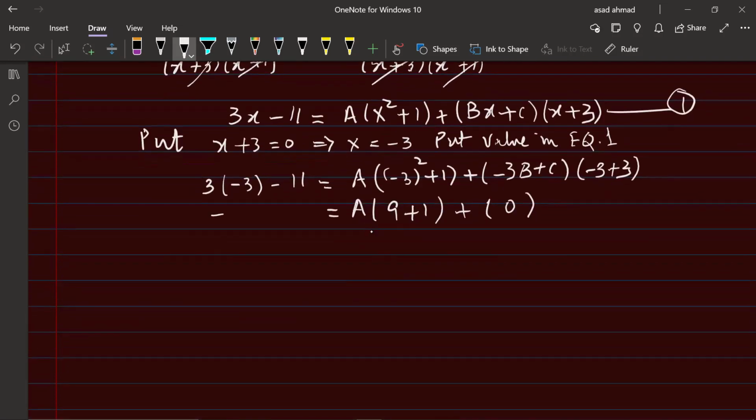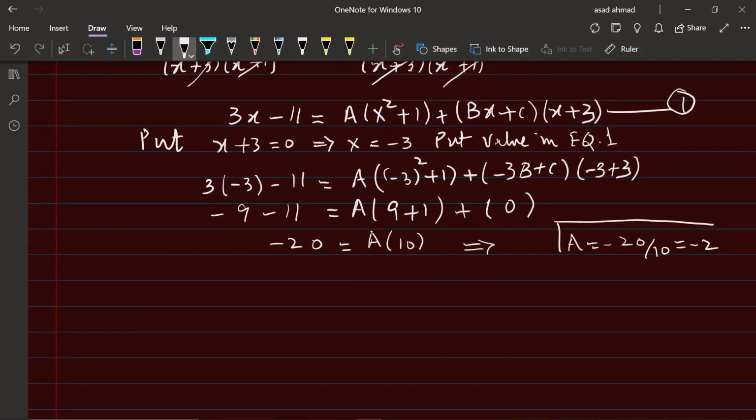The left side becomes minus 9 minus 11, that is minus 20, and the right side is A into 10. So the value of A is minus 20 by 10, which is equal to minus 2. So we have calculated the value of A.